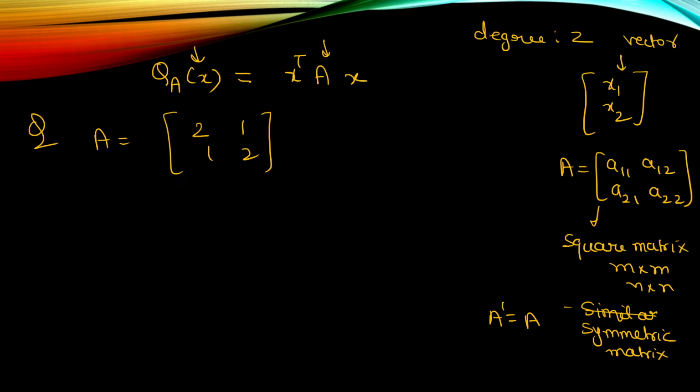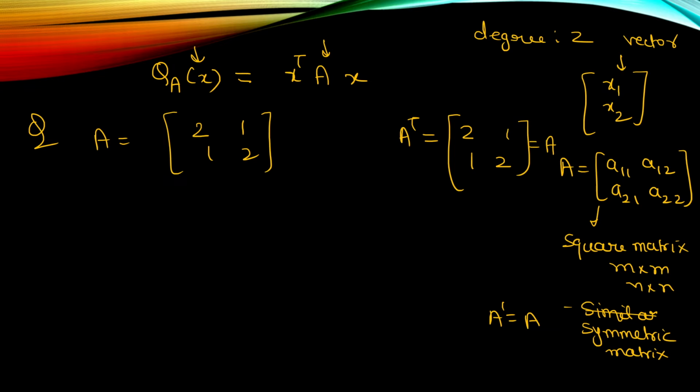Is it a symmetric matrix? If you find its transpose, you change rows into columns. So here row 2, 1 becomes a column and the second row 1, 2 becomes the second column. And it is the same. So yes, it is a symmetric matrix.